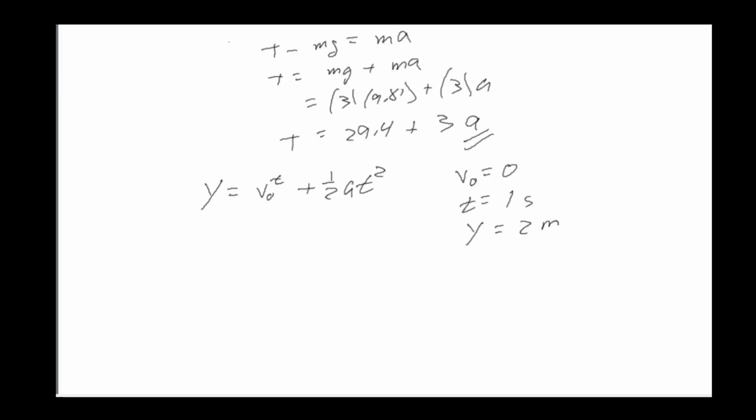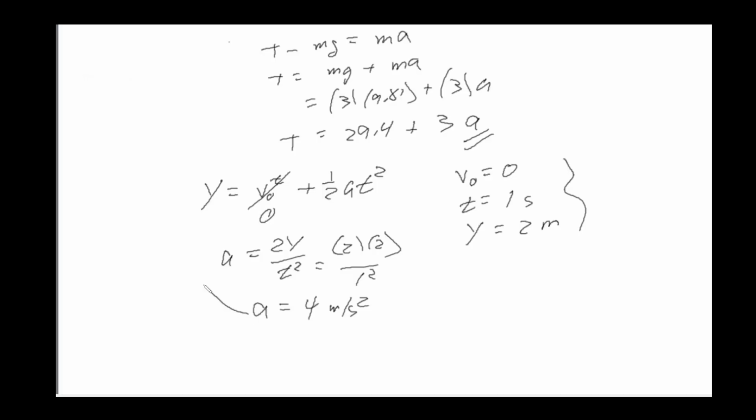So if we plug these numbers into our equation, we'll get our answer for a. So that's 0, and a becomes 2y over t squared, which is 2 times 2 over 1 squared, or our acceleration is equal to 4 meters per second squared.